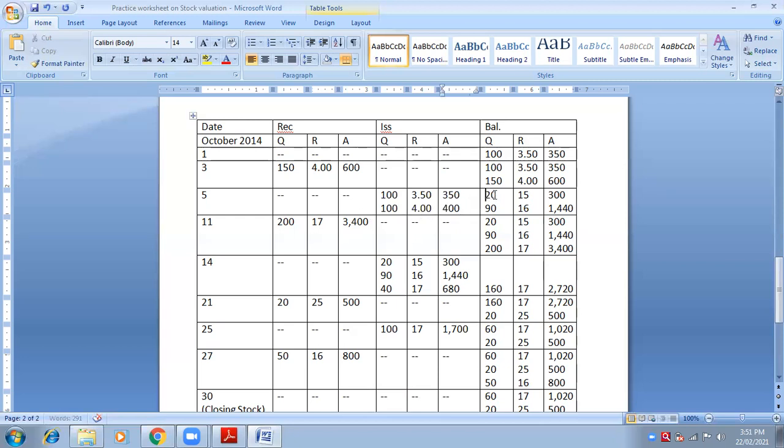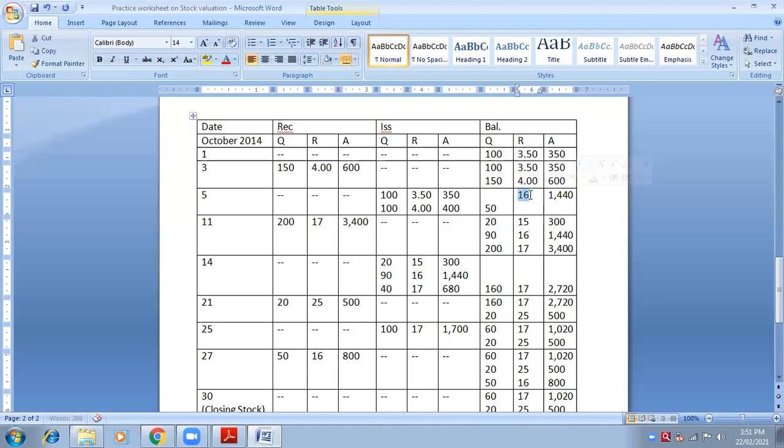Now, the first slot of 100 is empty. So what will I write in the second slot? 50 into 4. Yes, very good. So how much is left over in the second slot? See, very simple. First slot 100 minus 100 is 0. Second slot 150 minus 100 is 50.